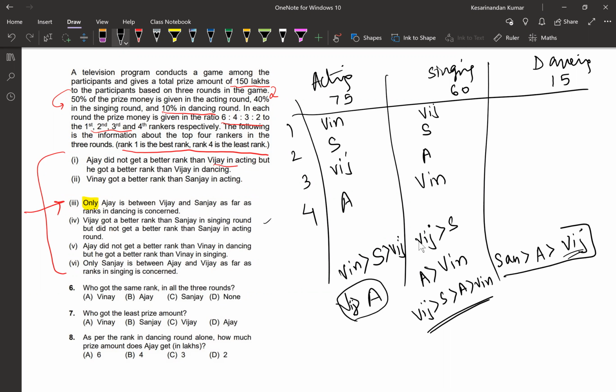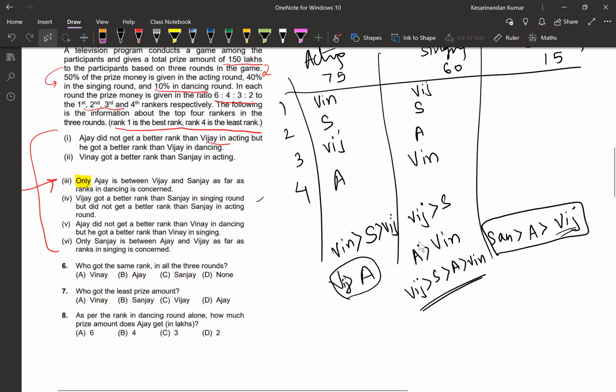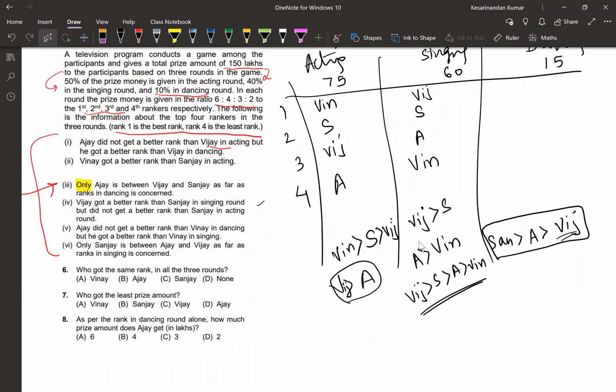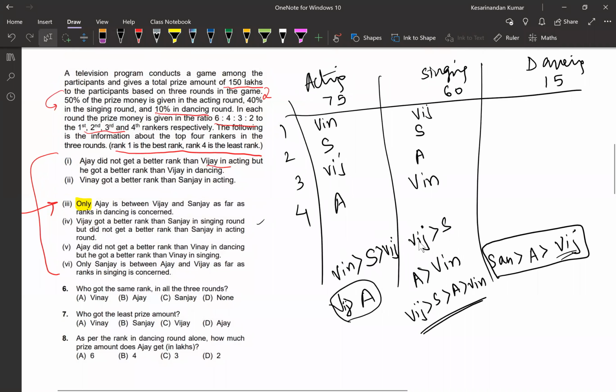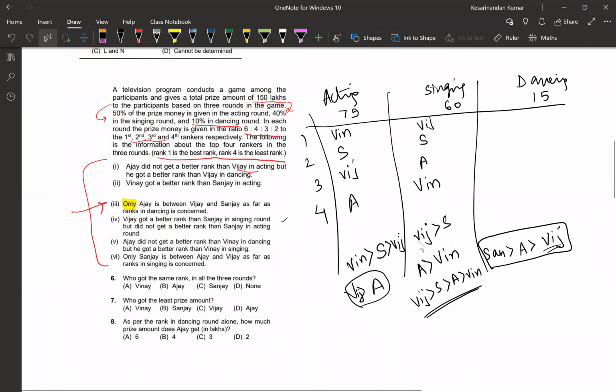Is something missing here? Let's see. Who got the same rank in all the three rounds? Okay, I guess I have missed something. One second, let me check on this. Vinay is better than Ajay, the second point.